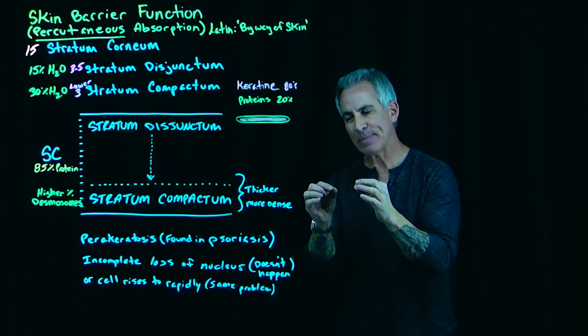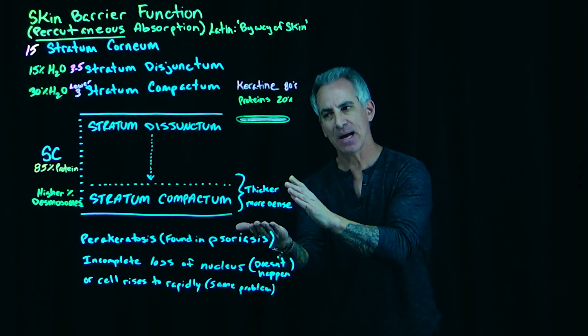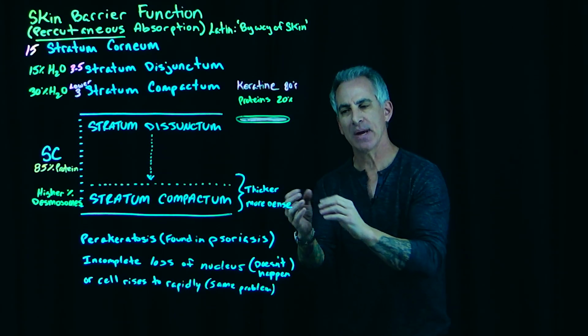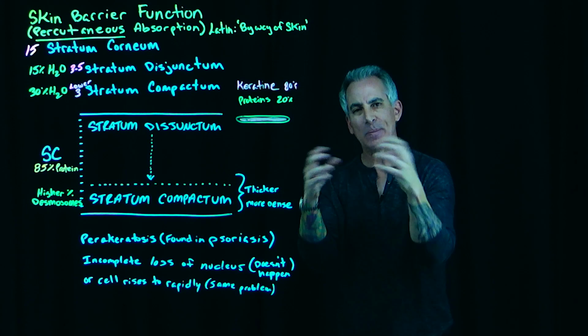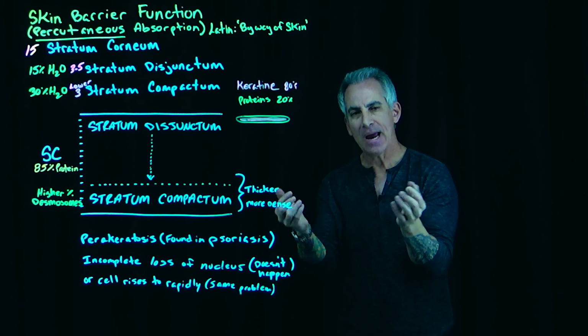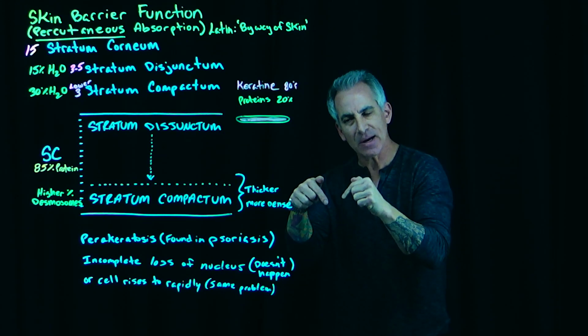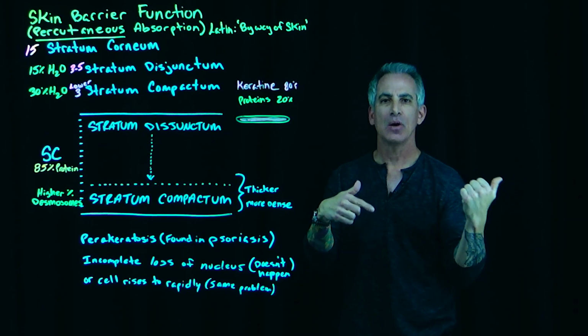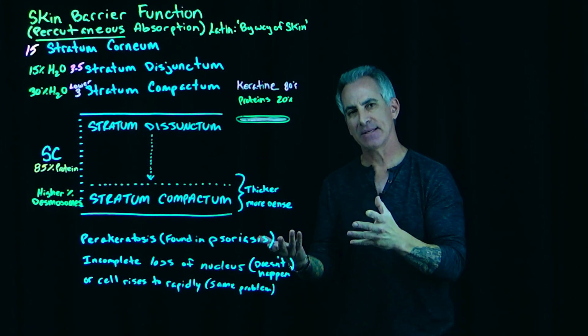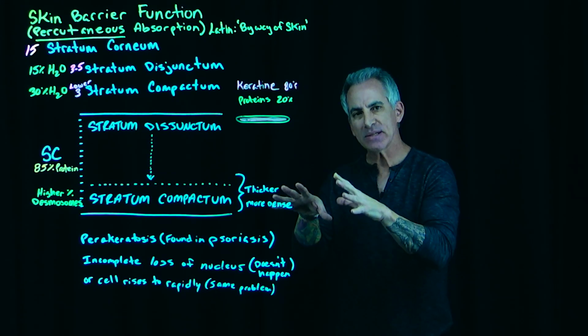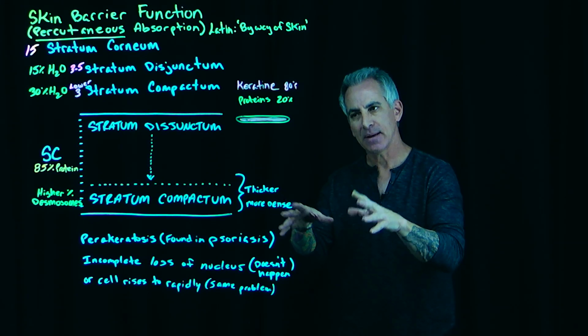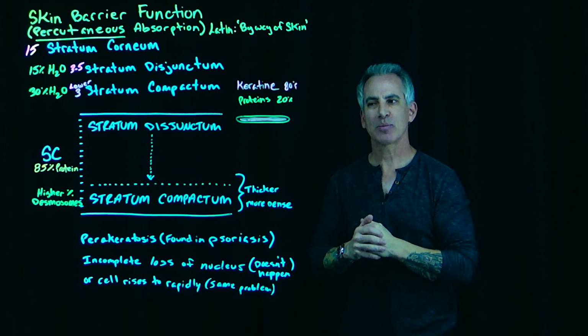What is supposed to happen in the epidermal layer as a cell reaches up into the stratum corneum is it needs to crack open like an egg, and what's inside and what the stratum corneum doesn't need will get washed away through the lymphatic system. If that process does not happen, you get a host of skin-related problems.